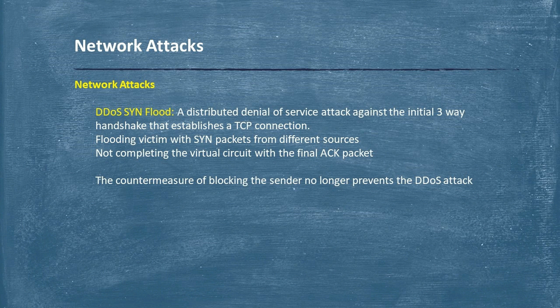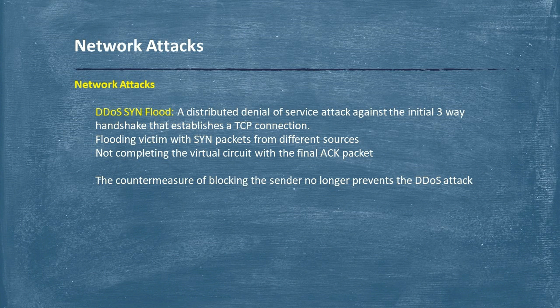Okay, now we come to the distributed denial of service, DDoS, we call SYN flood. SYN, we know what is SYN. It is sent in the TCP/IP three-way handshake. First, the SYN is sent. The distributed denial of service attack is against the three-way handshake that establishes a TCP/IP connection. It floods the victim with SYN packets from different sources.